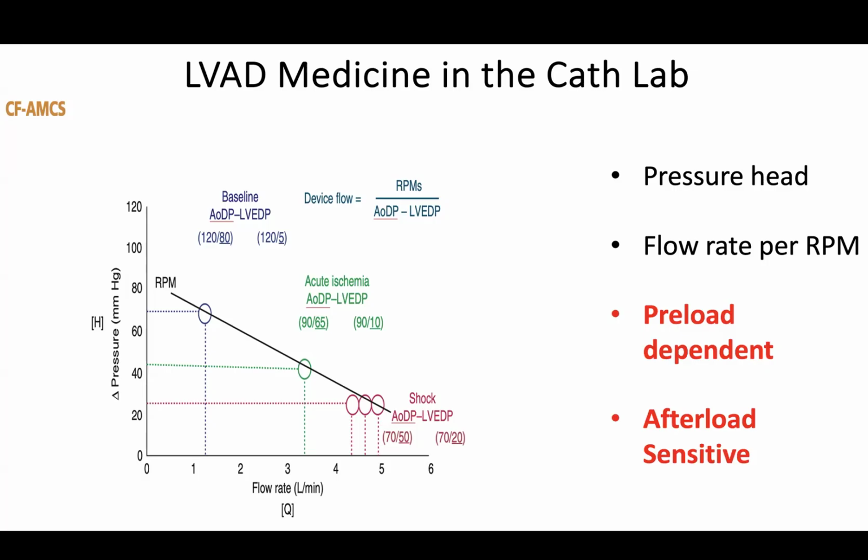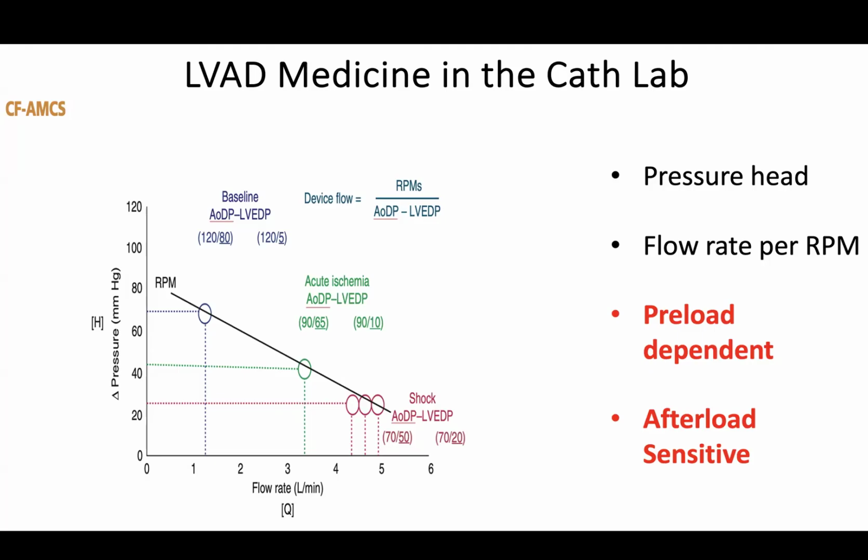So if you think about someone in shock here in the bottom right of this curve, the pressure difference is lower, and therefore the flow that you will get from these devices is higher, right? Compare that to someone who you put an Impella in for a distal left main bifurcation or last remaining vessel, whatever, but with a stable blood pressure to begin with.